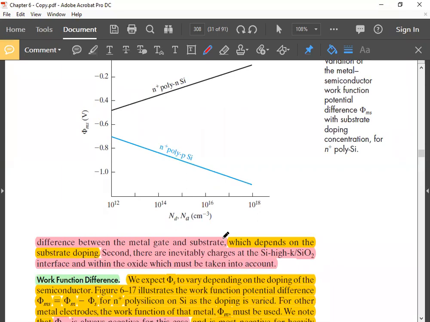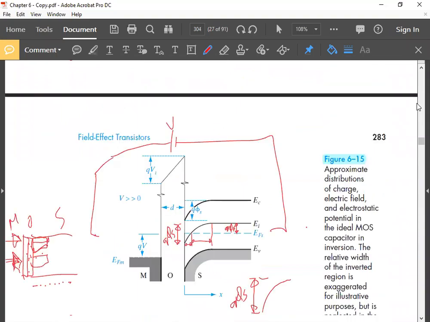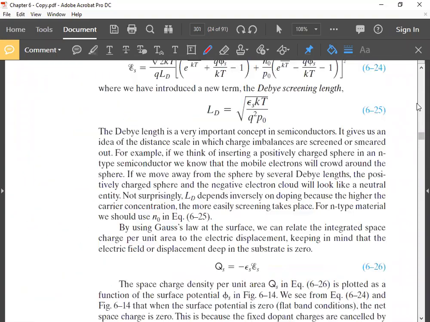And in order to make the bands flat again, you have to apply some additional voltage. Why are we thinking in that way?